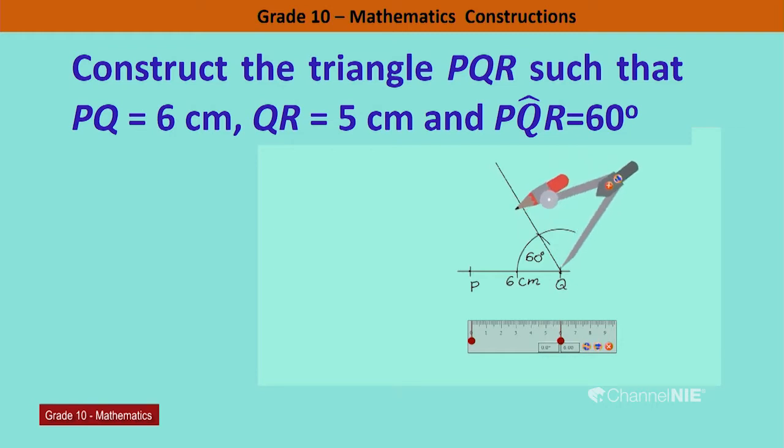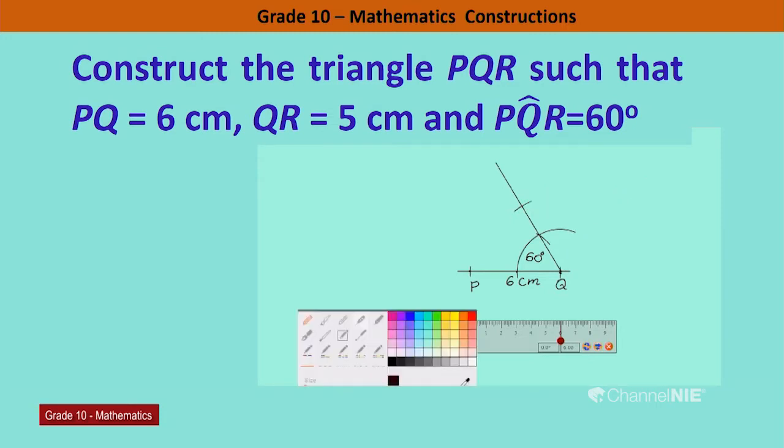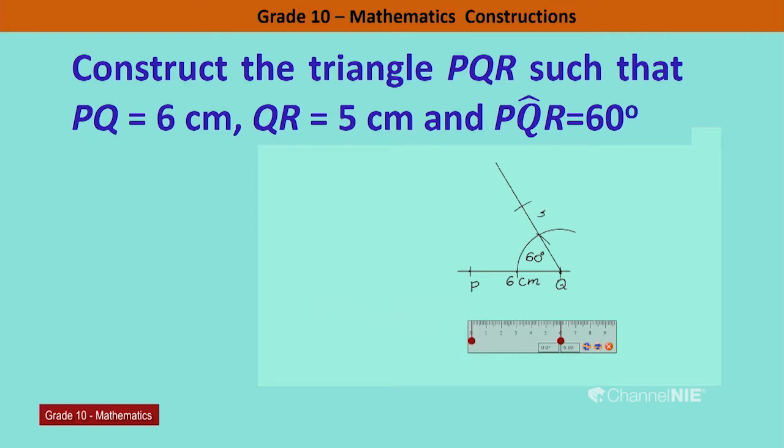Keep the steel point on Q. Take the radius as 5 centimeter, construct an arc. So, that distance is 5 centimeter. Here we have found the point R, 5 centimeters away from Q. Let us complete the triangle PQR.